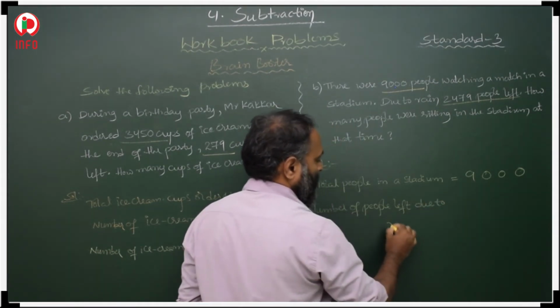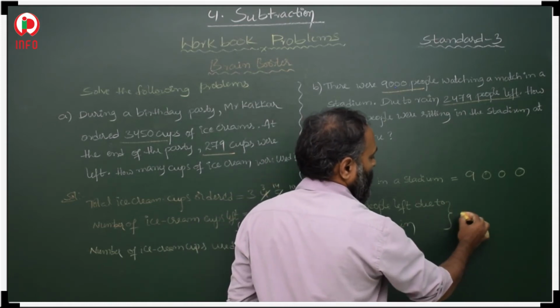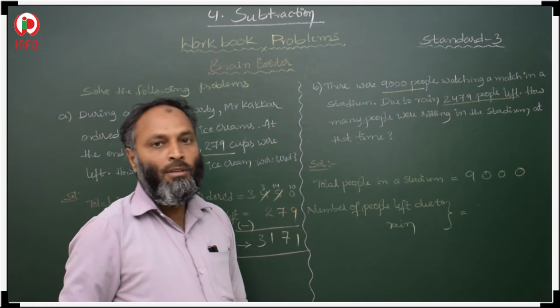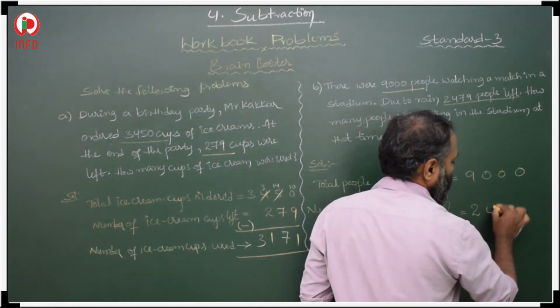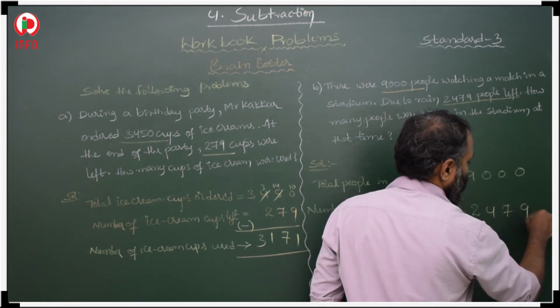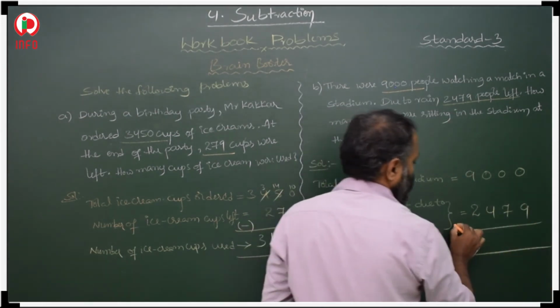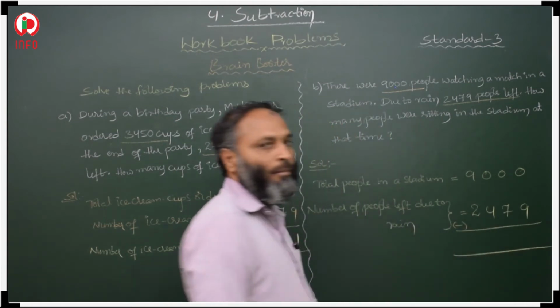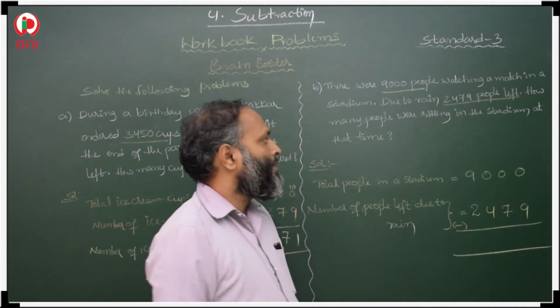How many people left due to rain? 2,479. Then how many people were there sitting in the stadium at that time?